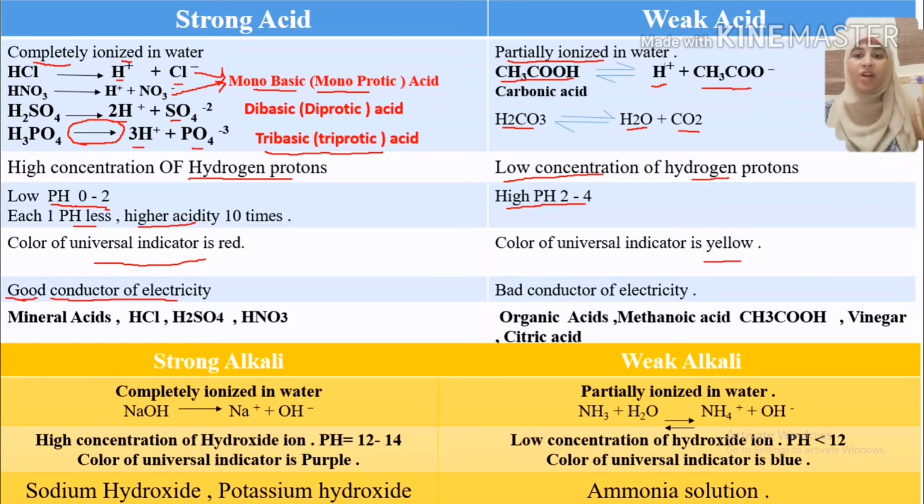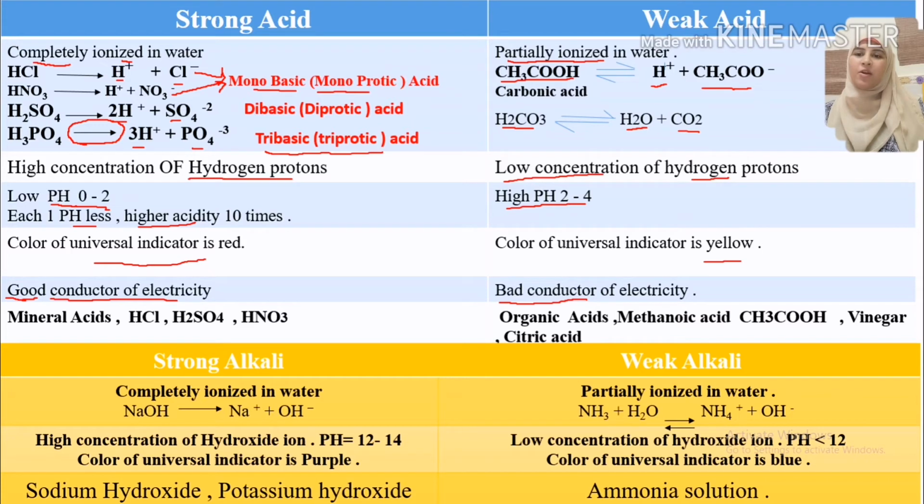So they are free, they can move, they can conduct electricity very well. But in the case of weak acids, we have very low concentration of free ions. How can they move, how can they conduct electricity? So we are comparing between good conductor of electricity and bad conductor of electricity.